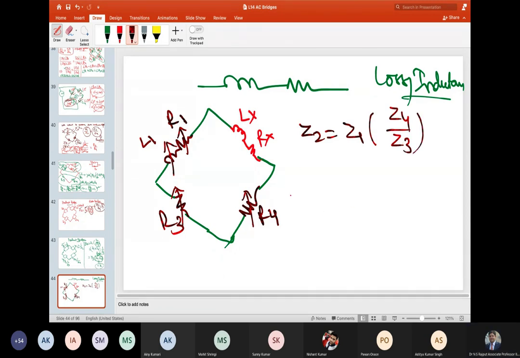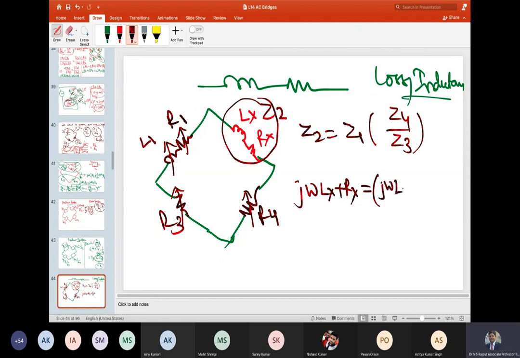So your Z2, this is Z2, right? So Z2 will become equal to, so j omega Lx plus Rx is equal to Z1, right? So Z1 is, what Z1 is?